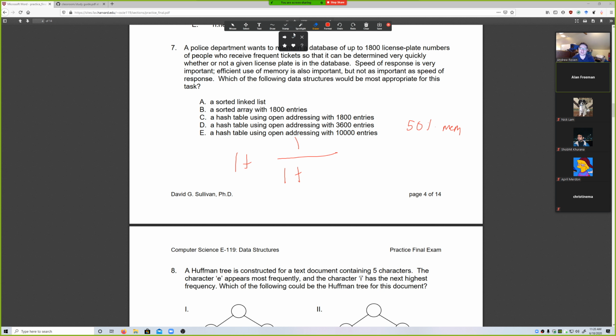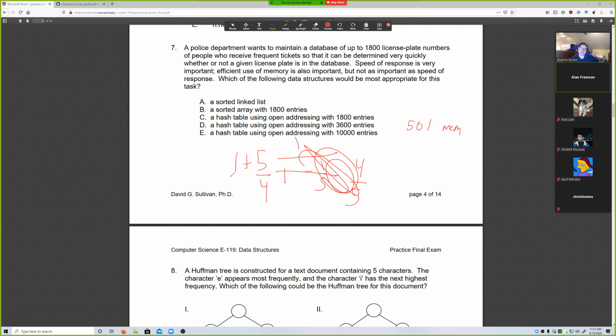Oh yeah, I made a math mistake. Was it 1 plus 1 over, or was it 1 minus 1? I think it was minus. Oh yeah, that one is a minus. So it should be minus 1/5. So this will become 4/5, which will become 5/4, which means the expected number of lookups should be... I feel dumb doing this.